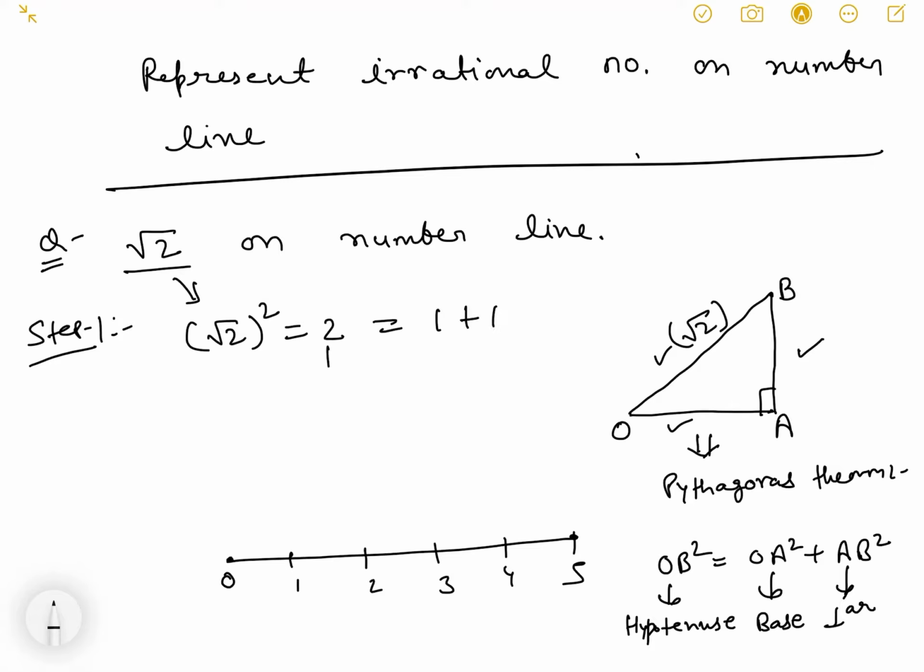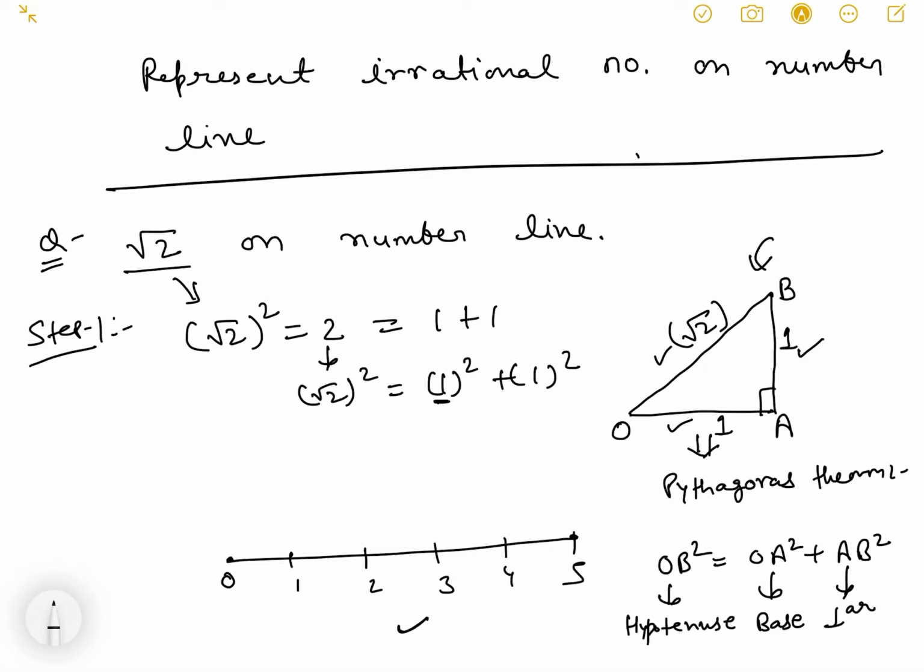Right? 2 is root 2 square and 1 is a perfect square of 1. Now we can see root 2 is the hypotenuse and 1 is the base and also 1 is the perpendicular. So we will try to make this triangle on the number line.